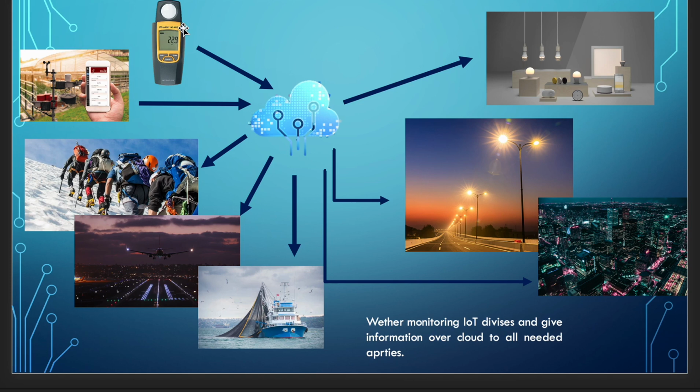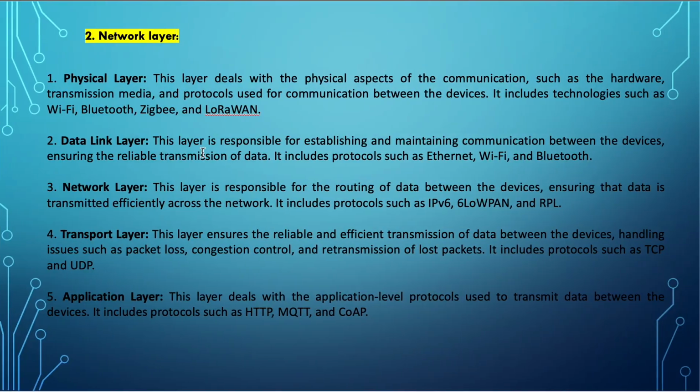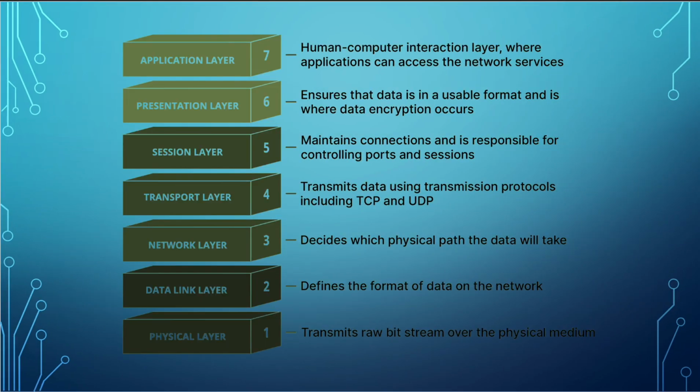So this data should be traveling through the internet itself. If it is traveling through the internet itself, the networking should follow these protocols, thus have these layers between them.